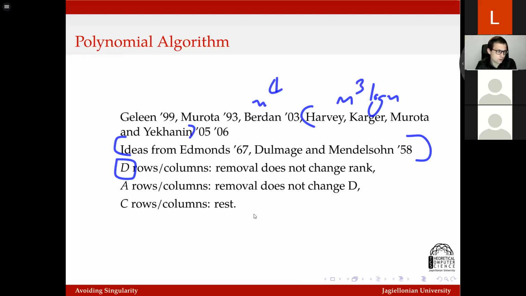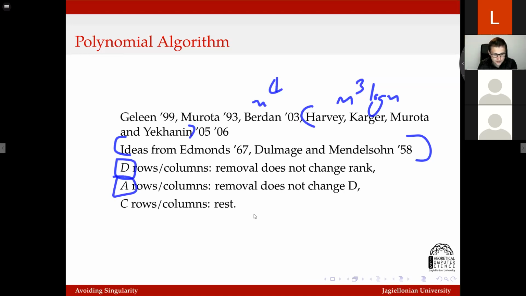So whenever you remove one row or one column, the rank either stays the same or decreases by 1. So I want to have those D rows and columns such that they don't change rank. Okay, so this is easy, and this D stands for dependent, right? So if a row or column is dependent, then basically you can remove it and the rank stays the same.